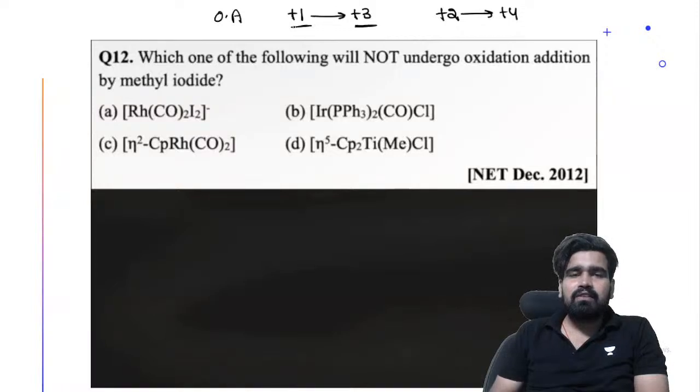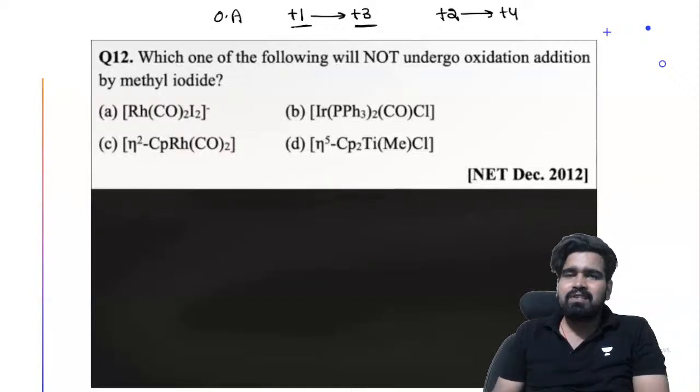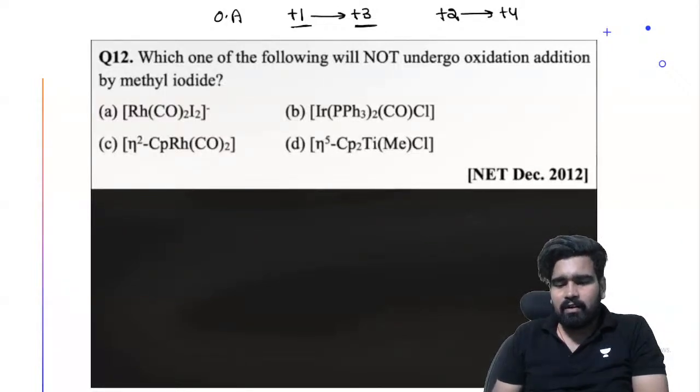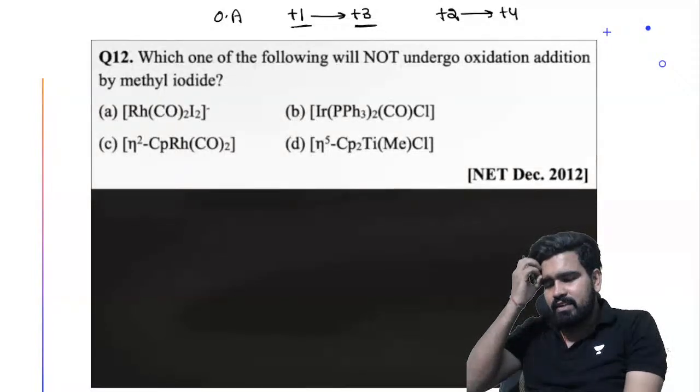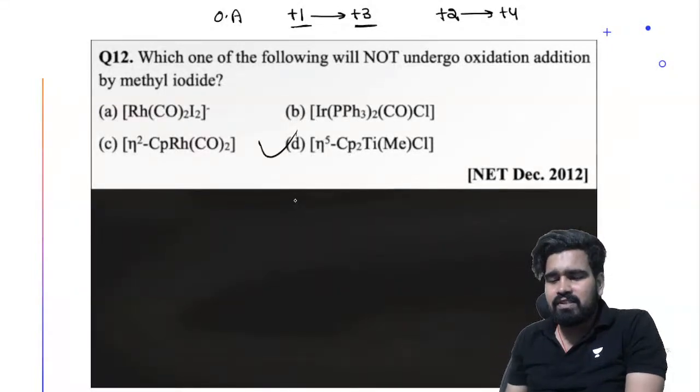The complex must possess an oxidation state 2 less than the stable oxidation state. You can check out, option D will be the right answer. It will not give oxidative addition.